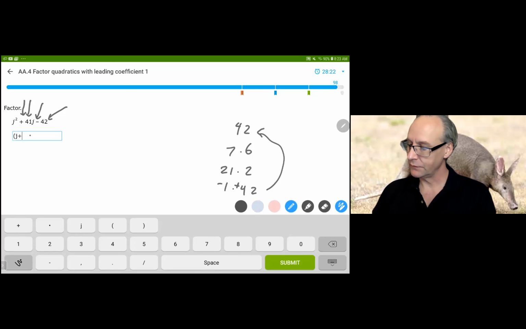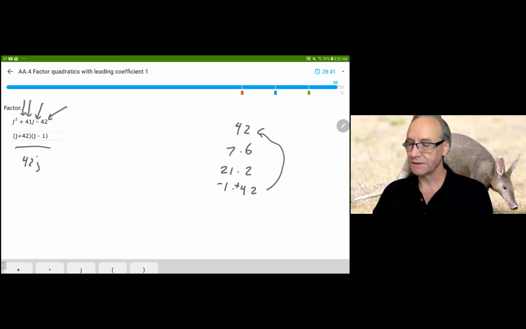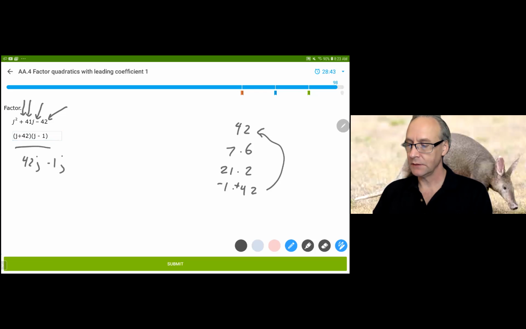J plus 42 and a J minus 1. And you always want to check and make sure that those are actually your factors. And you can check it. 42J plus negative 1J gives me positive 41J. And sure enough, 42 times negative 1 is negative 42.